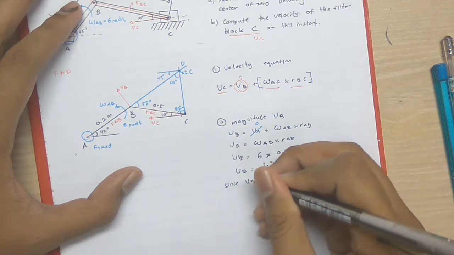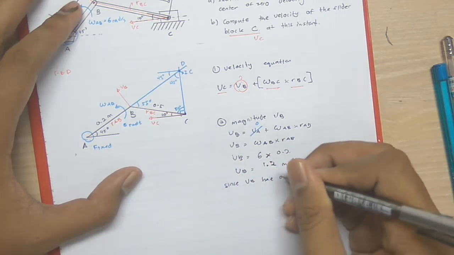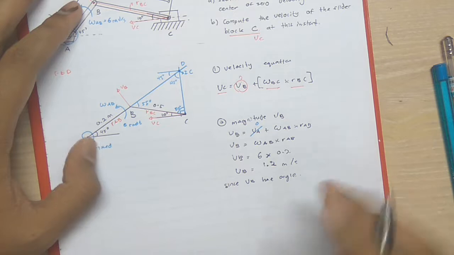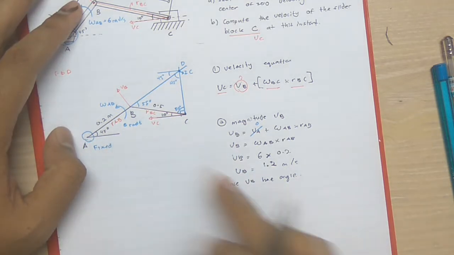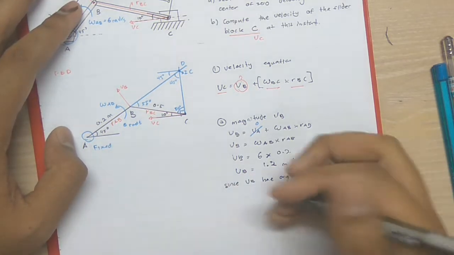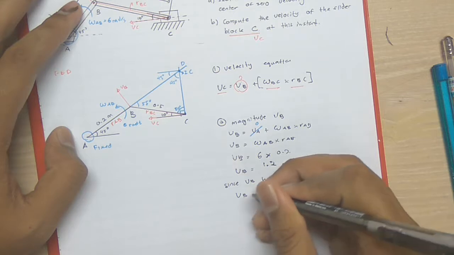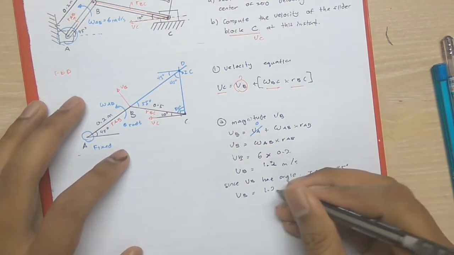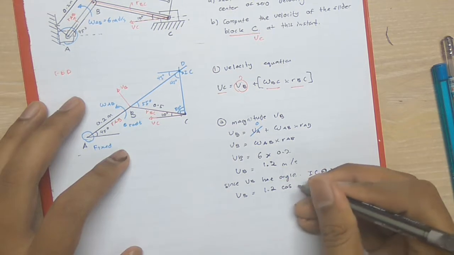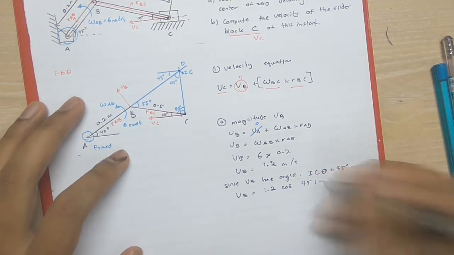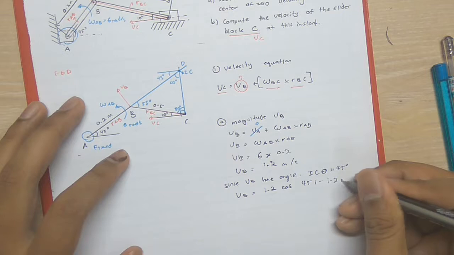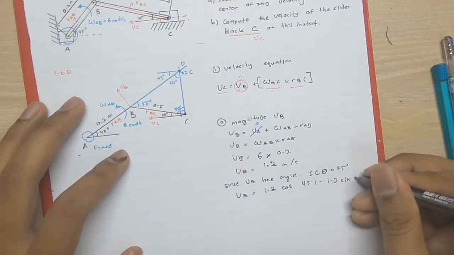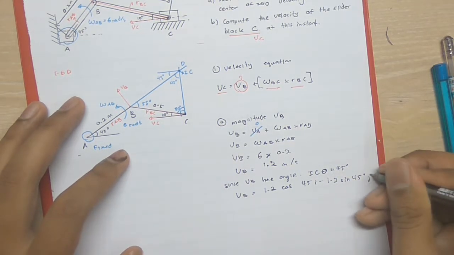Since VB has an angle, we need to include the angle inside VB. So I write the answer as 1.2 cos 45 i minus 1.2 sin 45 j.